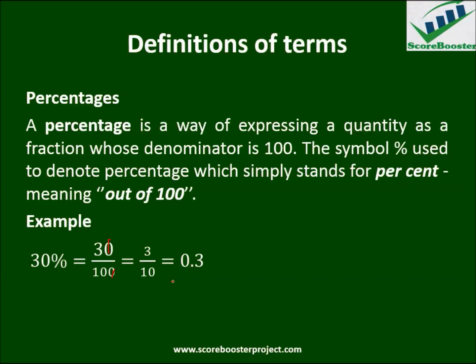So if you can observe from here, a number expressed here as a percentage was also expressed as a fraction here and as a decimal. So that shows that percentages, fractions, and decimals, you could convert from any form to the other, and as such the three topics are interrelated.